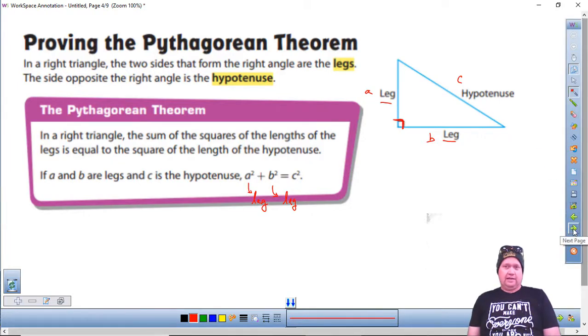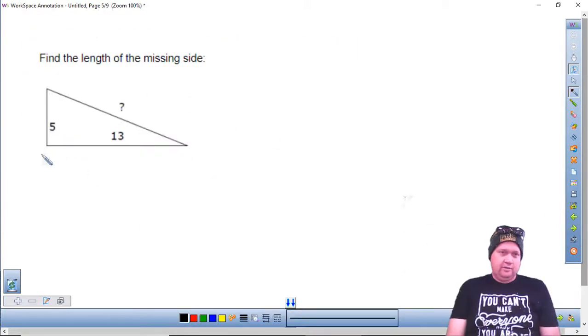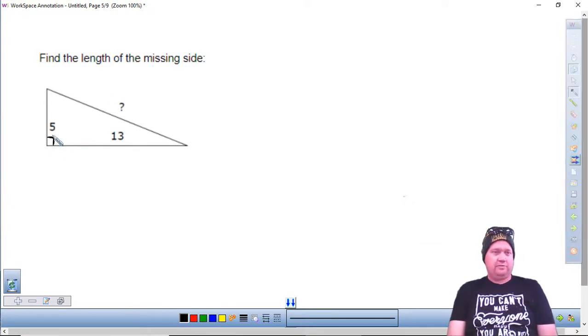So let's go take a look at applying the Pythagorean theorem to a problem. So here we have a triangle, and I know that the right triangle symbol is missing, so we're going to go ahead and add it in. We're going to assume all the problems on this assignment are right triangles, which means one of them is going to be a 90-degree angle. And I said before that whatever sides are touching the 90-degree symbol, those are our legs.